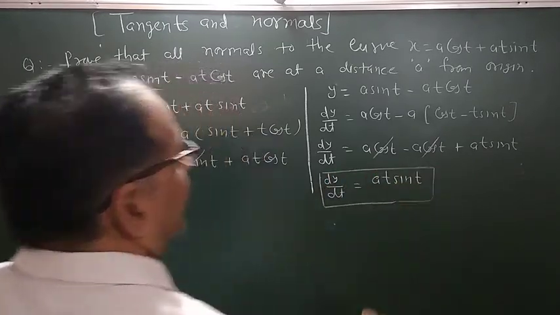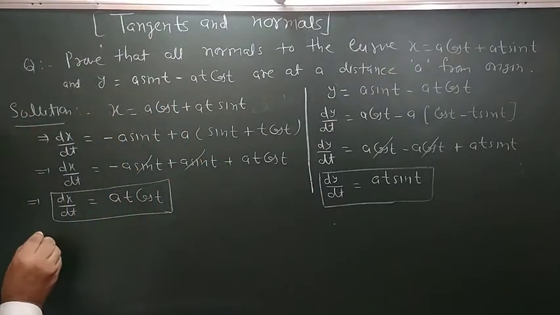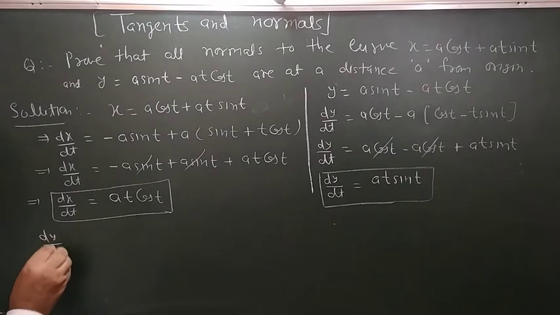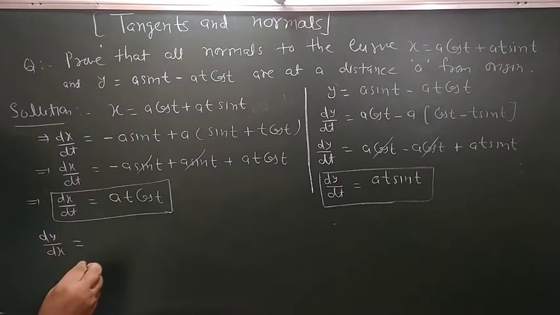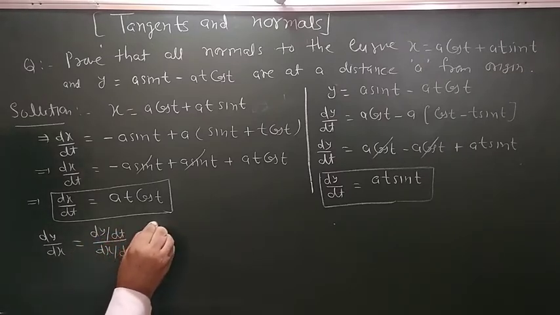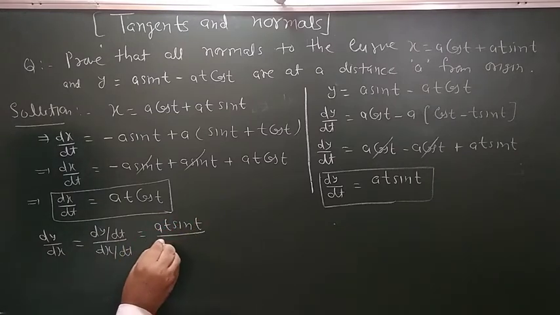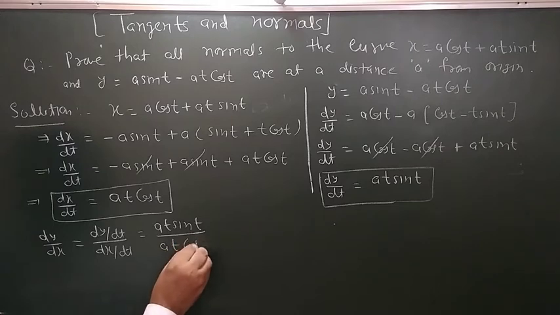Here in this question we have the parametric equation of the curve. So now dy over dx equals dy over dt upon dx over dt. That means at sin t upon at cos t. At cancels out.